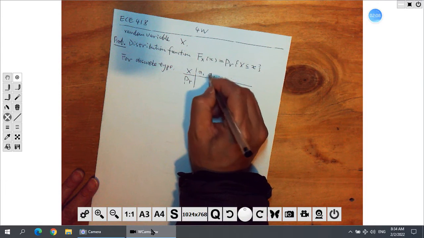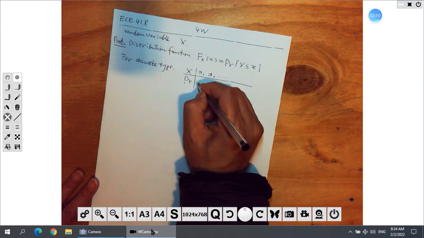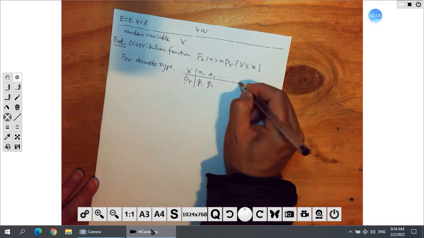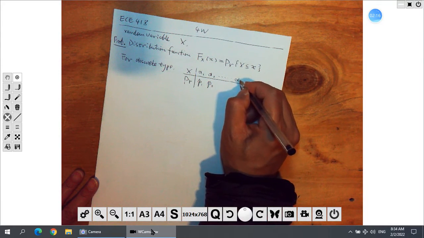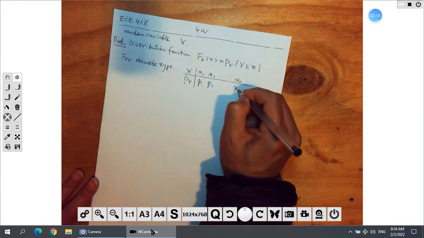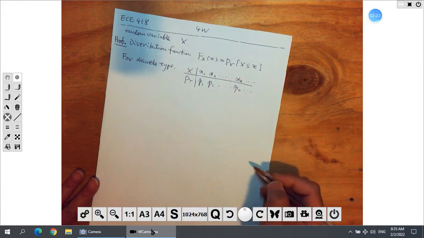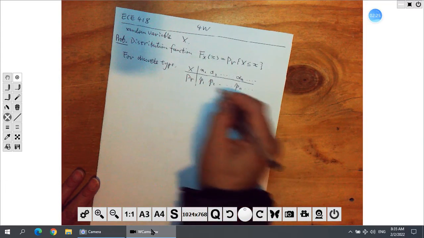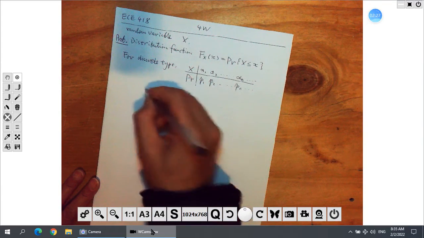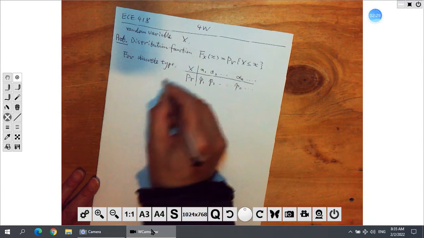Each value alpha 1, alpha 2 has a probability p1, p2, and in general alpha n has p_n.